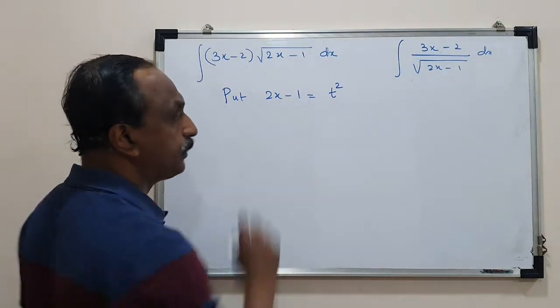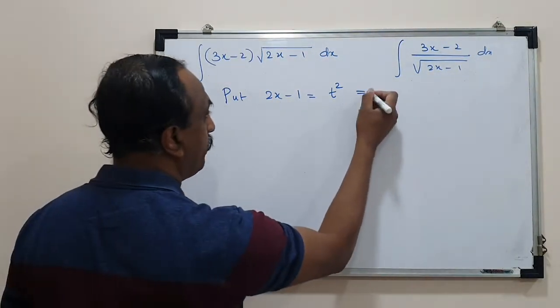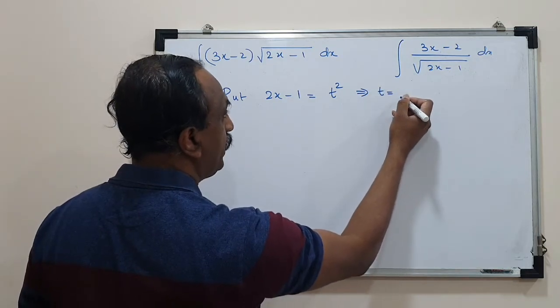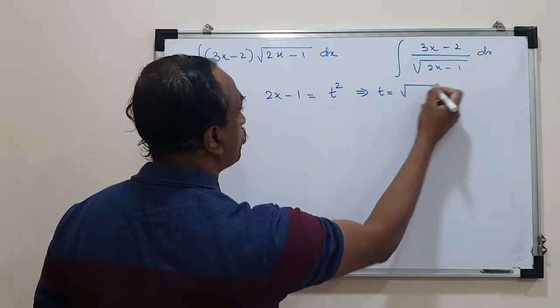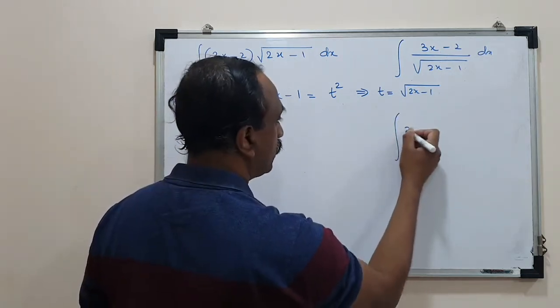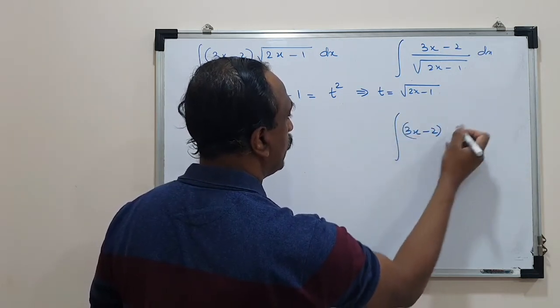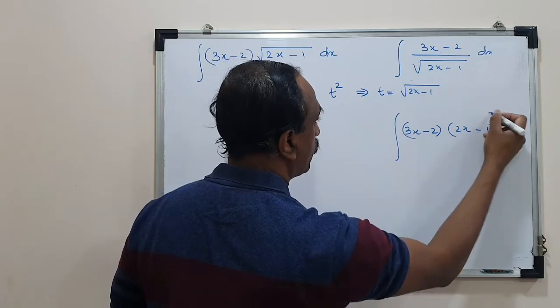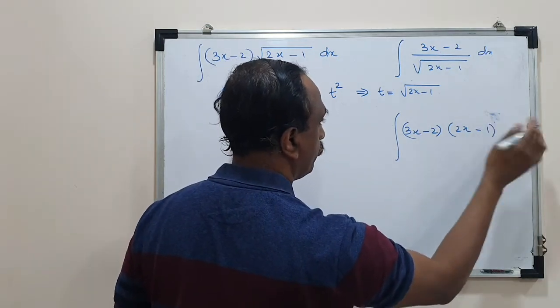When you put 2x minus 1 as t square, remember t will be replaced by root of 2x minus 1. Suppose the problem was 3x minus 2 into 2x minus 1 raised to 2 by 3.